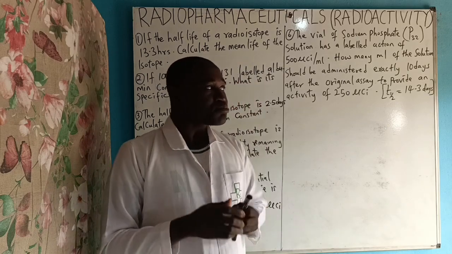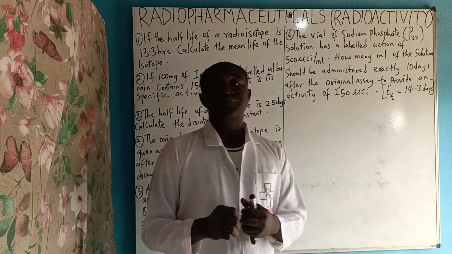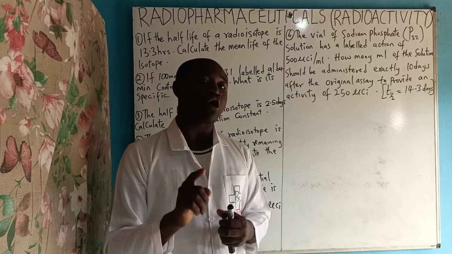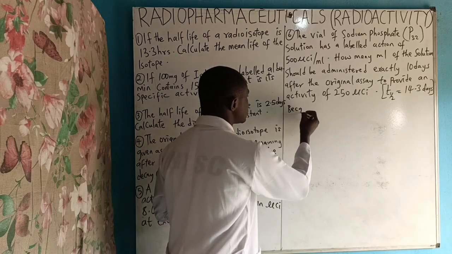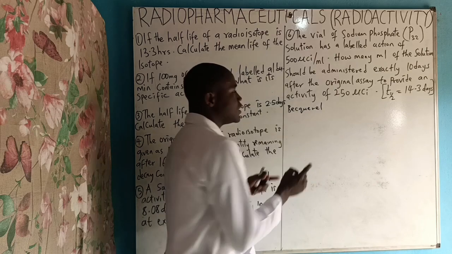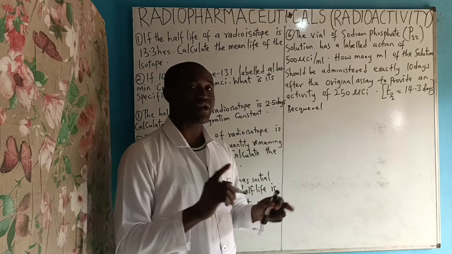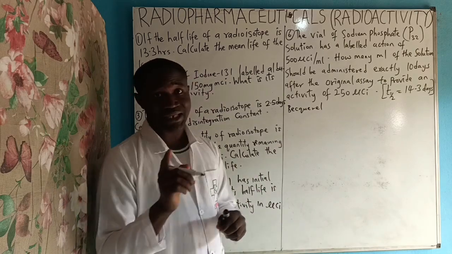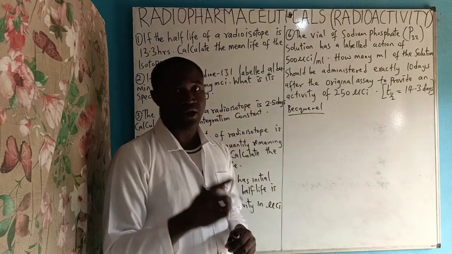And so, we want to look into that topic in full, and it's important to note that the unit of radioactivity is called becquerel. Becquerel is a unit of radioactivity. This is because the scientist who discovered radioactivity is called Henri Becquerel, in the year 1896. And so the unit now takes up his name, becquerel.